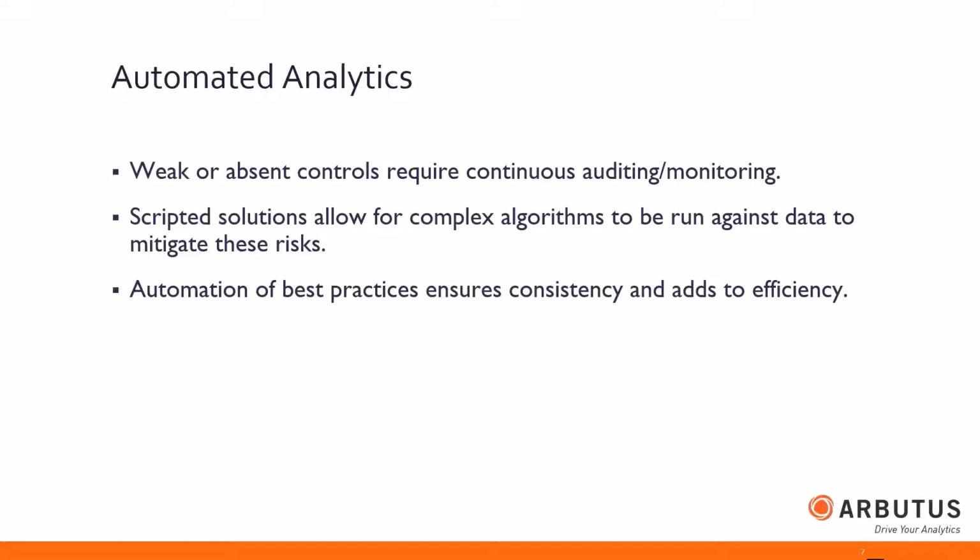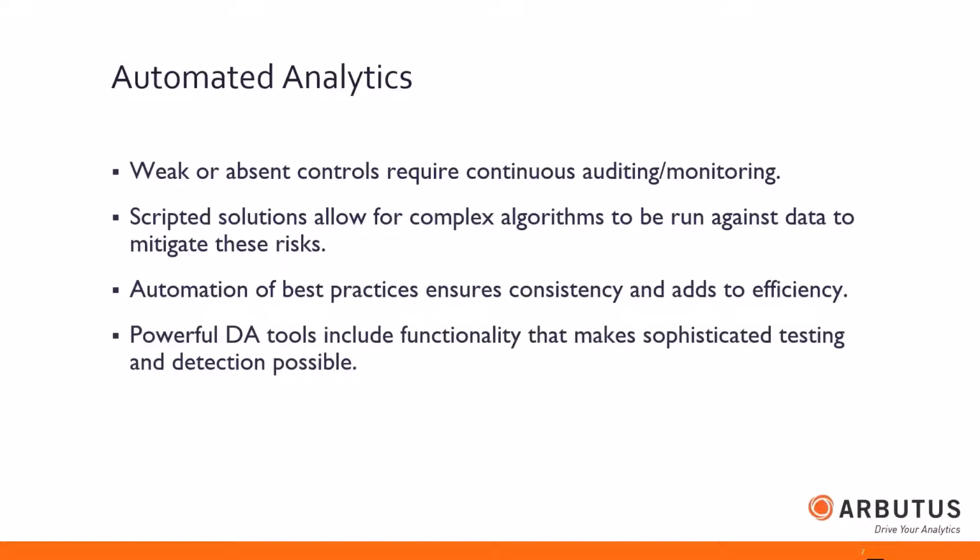So once you've developed the best approach to detecting exceptions, keep it in a script, automate it, and the same algorithm will be used every single time. Right now, there are powerful DA tools that include functionality that make such sophisticated testing and detection possible.